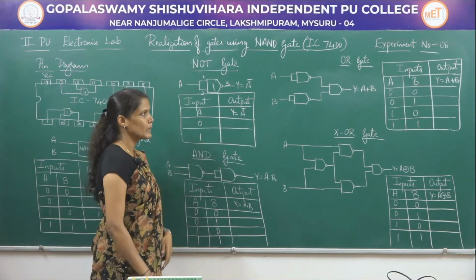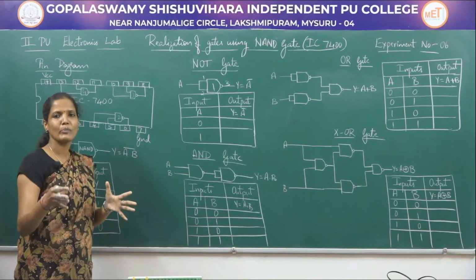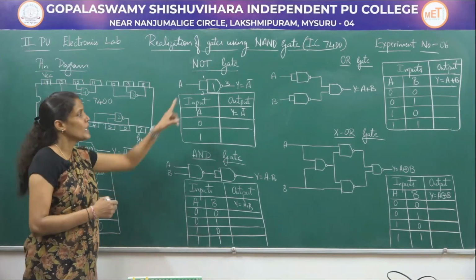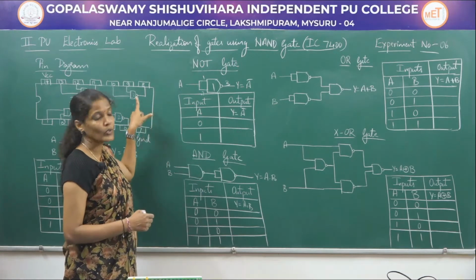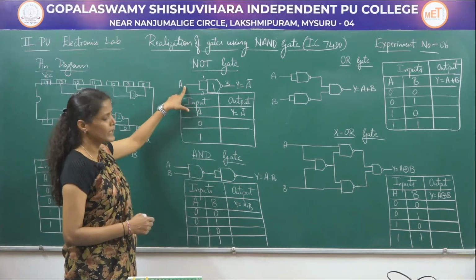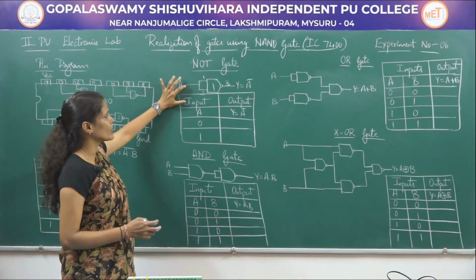To conduct this experiment, we are going to use an IC trainer kit where I will be having a number of input pins and a number of output pins. Pin number 1 and pin number 2 of this IC7400 will be shorted and that will be connected to the logical inputs and logical outputs.